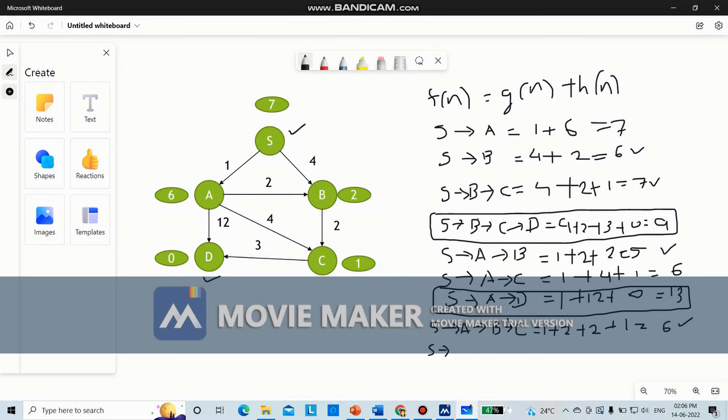So we will give one tick here. S A B C and D. So what is the total cost here?